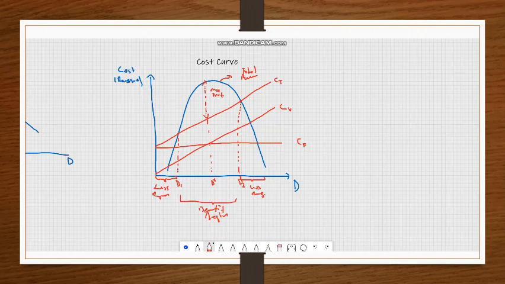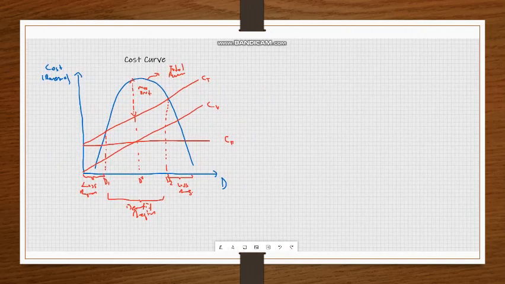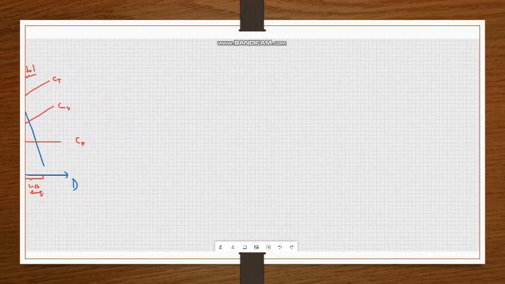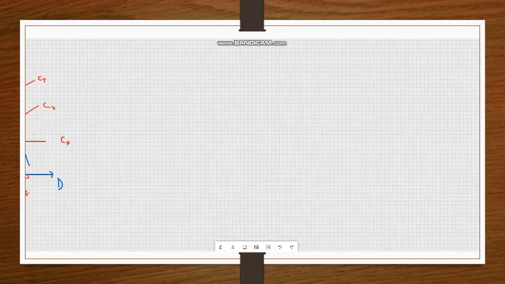If we make it less than D1 or higher than D2, we are gonna lose by producing or not producing. So this is called the cost curve. So the definition of these economic terms is finished.